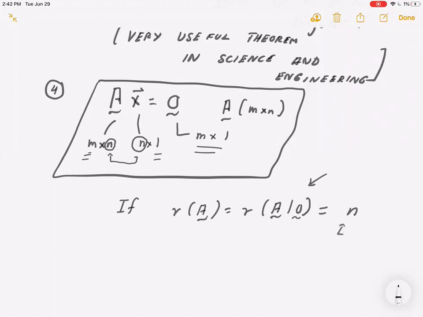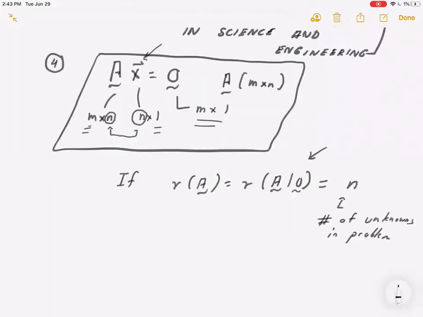If this is equal to n, where n is the number of unknowns in the problem, and look, this is consistent, right? Go look at our matrix or vector X. It has n as in Nancy rows in 1 column. So it has n unknowns. If this is true, then a unique solution exists.